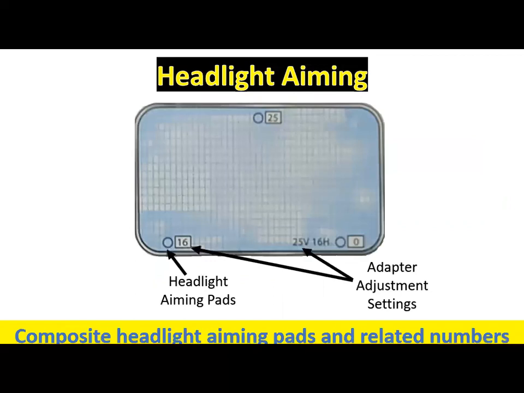Many composite headlights have curved outer surfaces, and special adapters are required to mount the headlight aimers properly on these headlights. Each composite headlight assembly has numbers molded into the headlight beside its aiming pad.